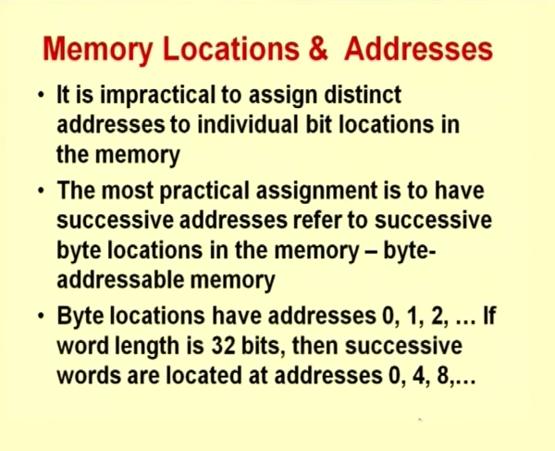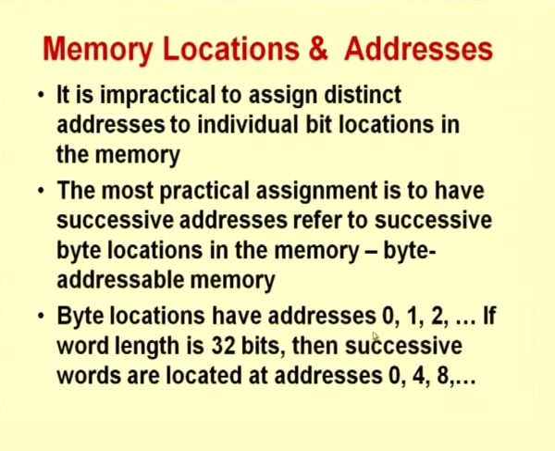What we also need to understand then is how the bytes within each of the words are addressed. Byte locations have addresses 0, 1, 2 and so on. If the word length is 32 bits, then successive words are located at addresses 0, 4, 8 and so on. Why do we say this?